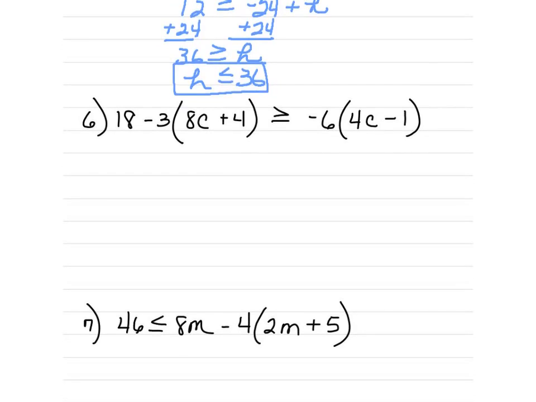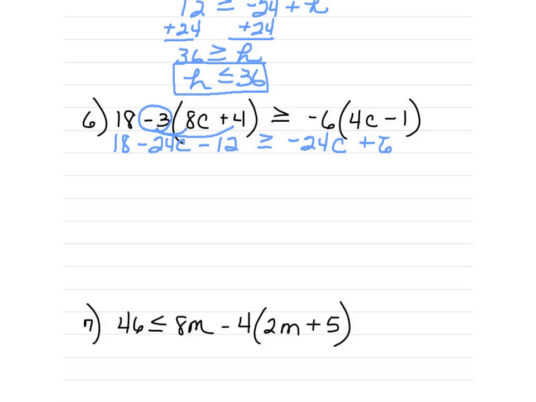Number 6. Take a moment, pause the video, and write it down. Okay, let's start. I'm going to distribute the negative 3 now. 18 minus 24c minus 12 is greater than or equal to negative 24c plus 6.